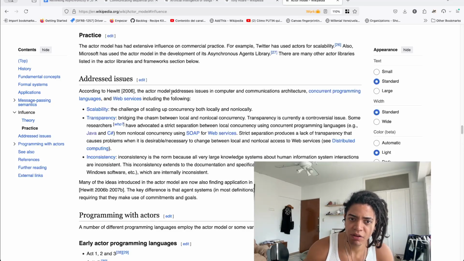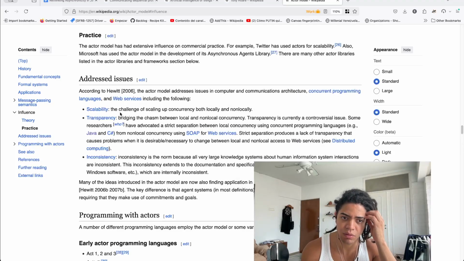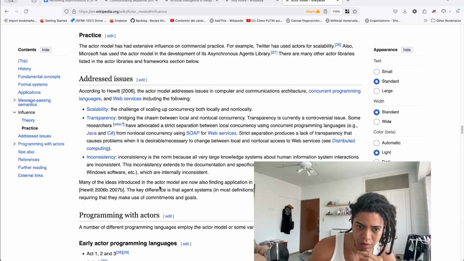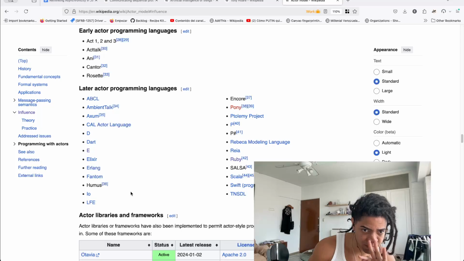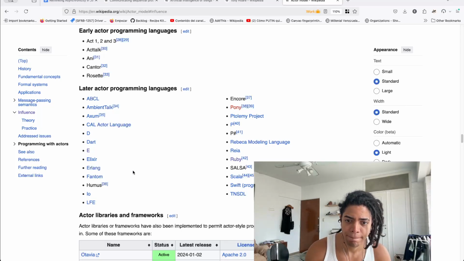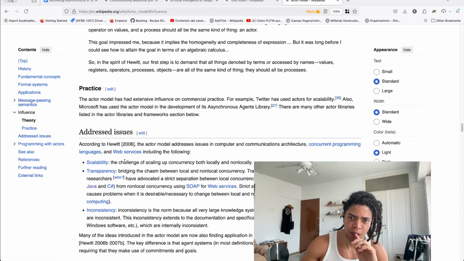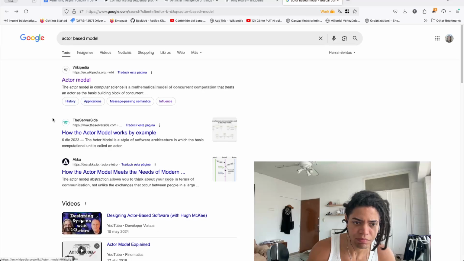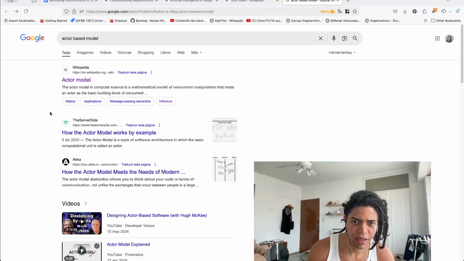Multi-agent systems. This particular pattern is for them. Design systems.